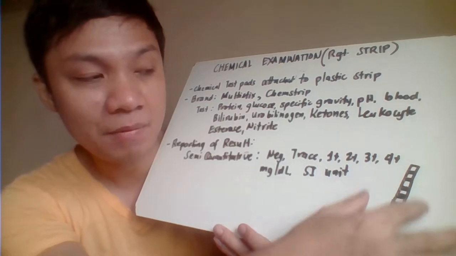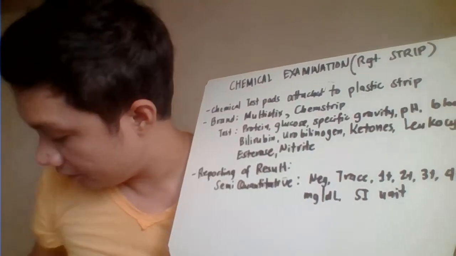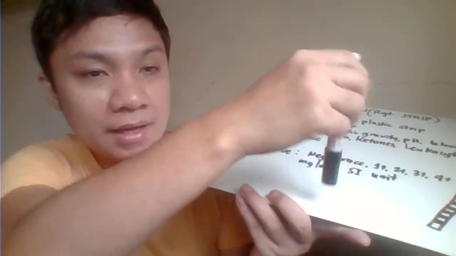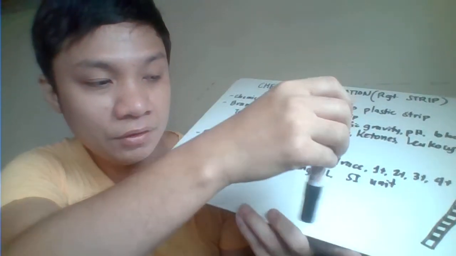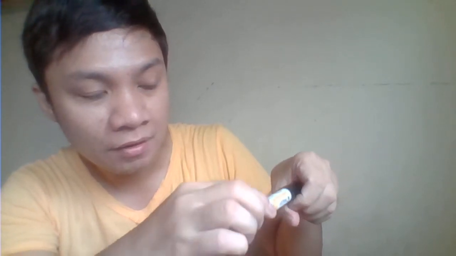Okay, so para ma-remove ang excess na urine, all you need to do is, pag tinanggal mo ito, i-touch mo lang ang pinaka-tip ng ating test strip with the mouth of the container of your reagent strip to allow the removal of the excess na urine.